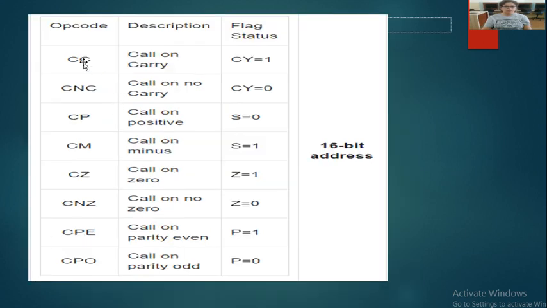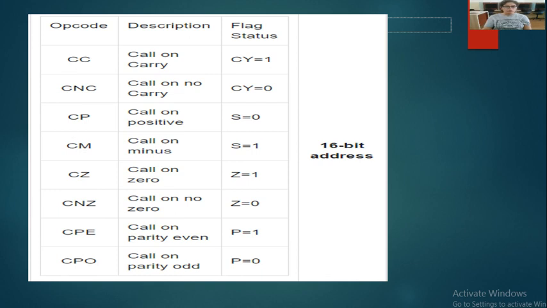Similarly, irrespective of the first letter, the other letters are the same: carry, no carry, positive, minus, zero, even parity, odd parity. You just have to change the first letter when changing the group.